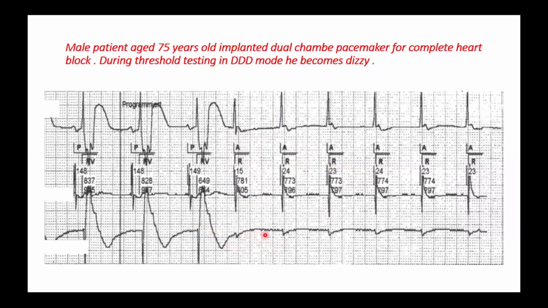Here you can notice that there is no depolarization on the ventricular EGM. The ventricular EGM is just sensing the atrial pacing, and there is asystole of the ventricle. Here just atrial pacing, atrial pacing, atrial pacing.